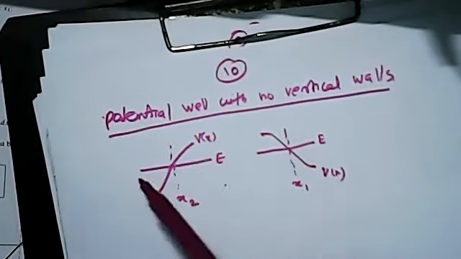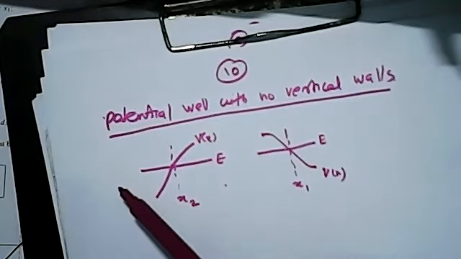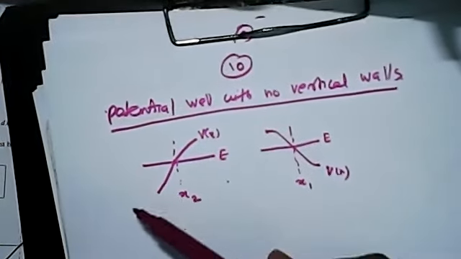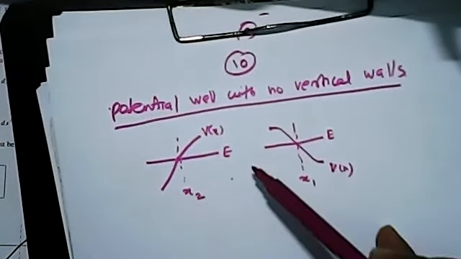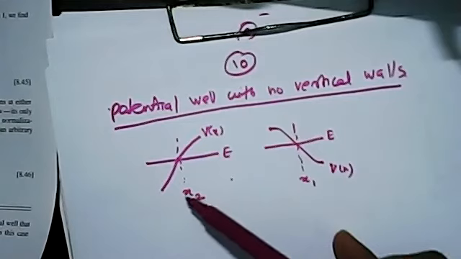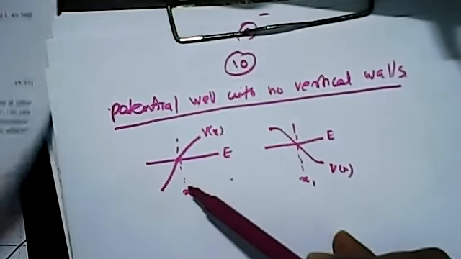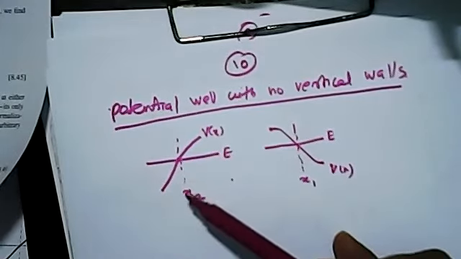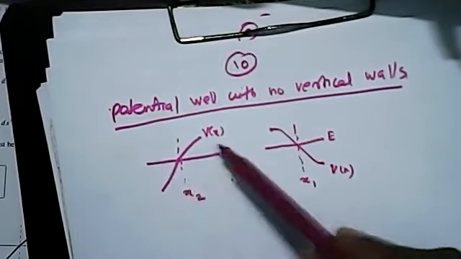The limits will change here, x2 to x. Here x2 to x, both sides.